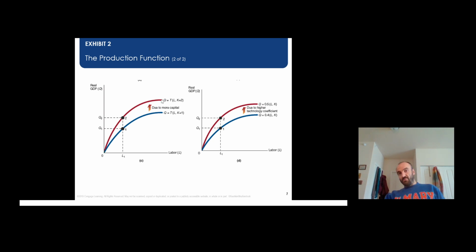Businesses will borrow more money in order to buy more capital goods, more machines, tools, equipment, and so on, to employ more workers eventually. So the increased rate of saving will lead to more capital investment, and more capital investment will lead then to higher number of machines, tools, and other capital goods being used in the production process, which will increase productivity of labor and which will increase our real GDP.